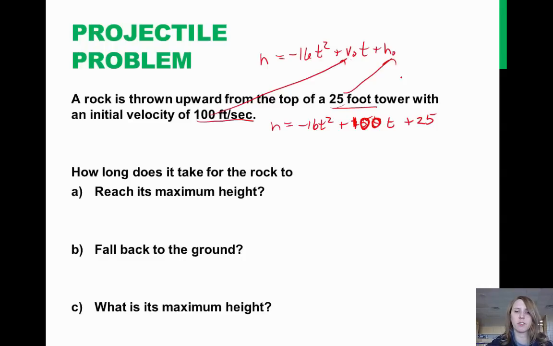How long does it take for the rock to reach its maximum height? If we're throwing something up in the air, when it reaches its maximum height we're actually looking for the vertex. Since we're looking for the vertex, let's use our axis of symmetry, which is -b over 2a. b in this case is 100, so -100 over 2 times -16.